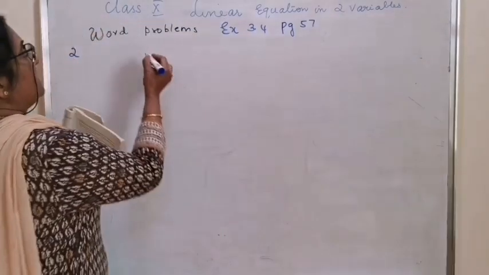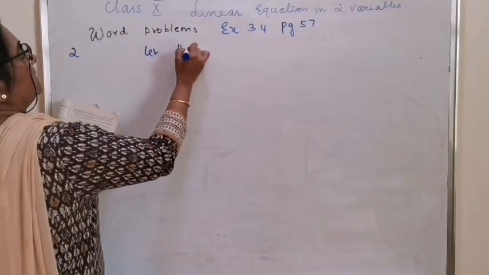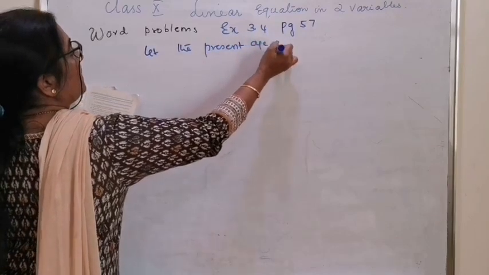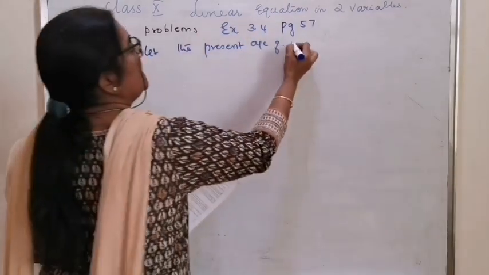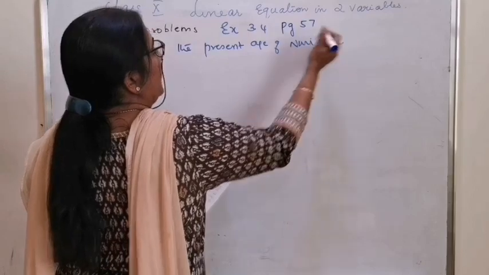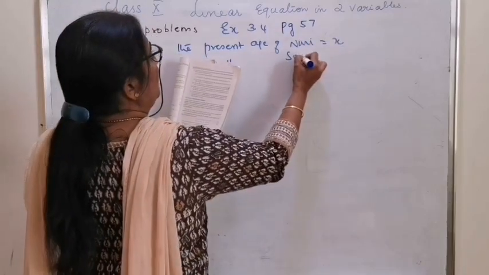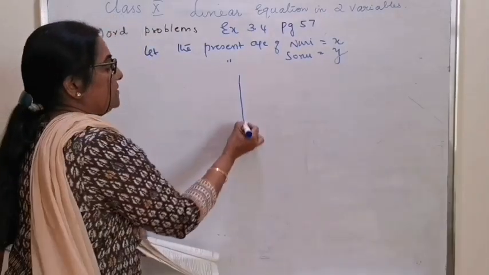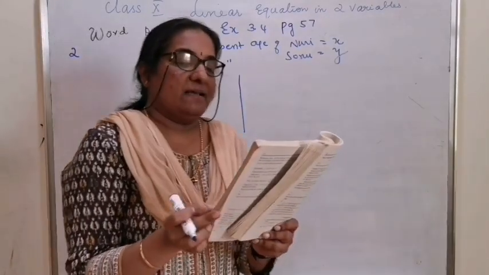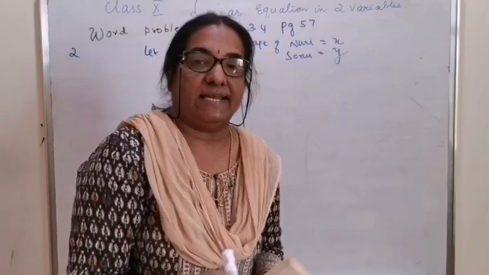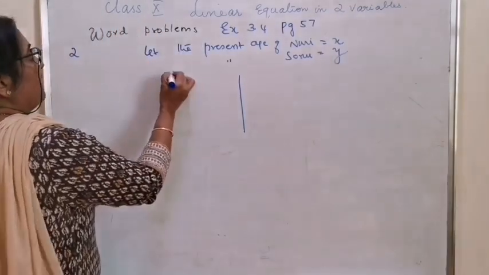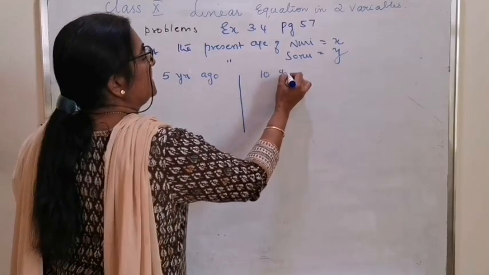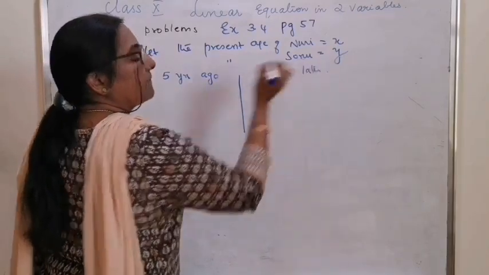Let the present age of Nuri be x and that of Sonu be y. And the two conditions given are 5 years ago and 10 years later.